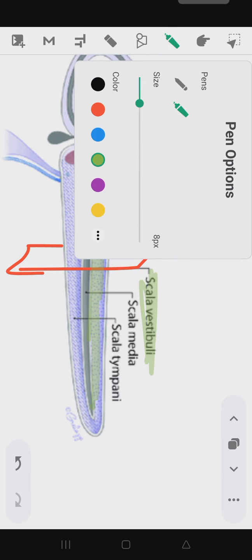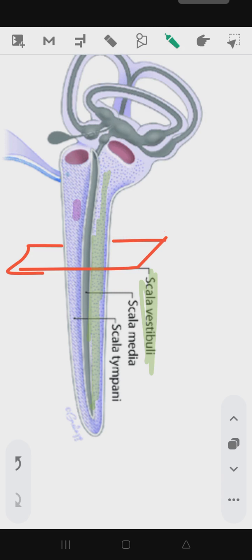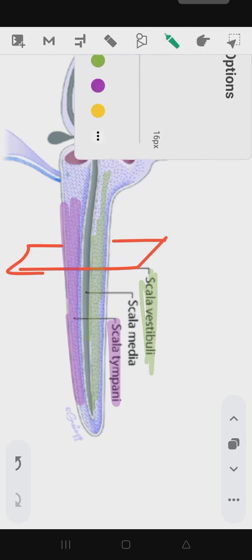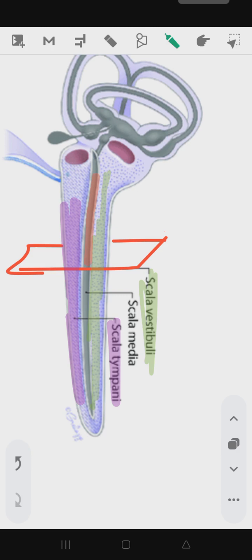The other area, if I highlight it with the purple color, is known as the scala tympani. And the area I'm going to highlight in red, this middle portion comprising the endolymph, with boundaries made up of the membranous labyrinth, that's the scala media. Now that's the scala vestibuli, scala tympani, scala media.